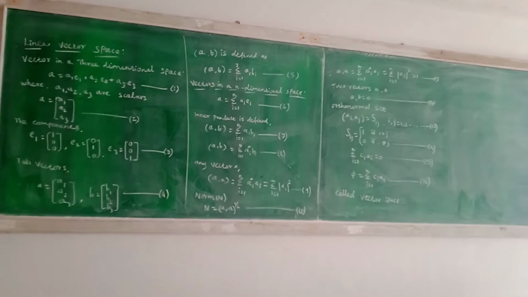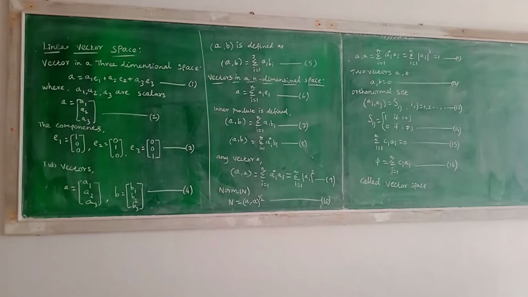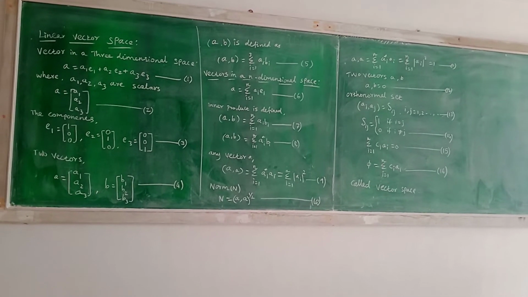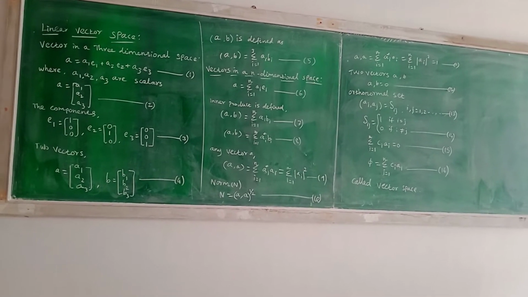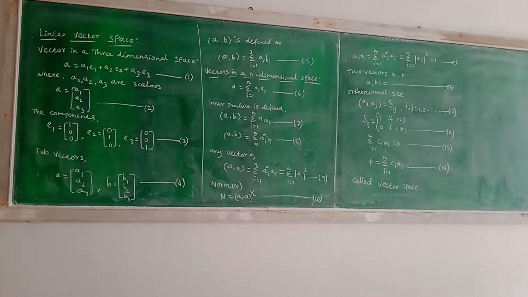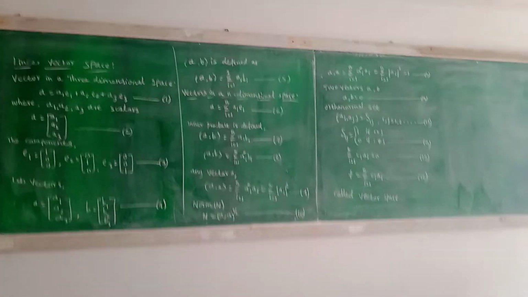Represent A as a column vector, A equal to a1, a2, a3. The components of e1 are 1, 0, 0; e2 equal to 0, 1, 0; e3 equal to 0, 0, 1.